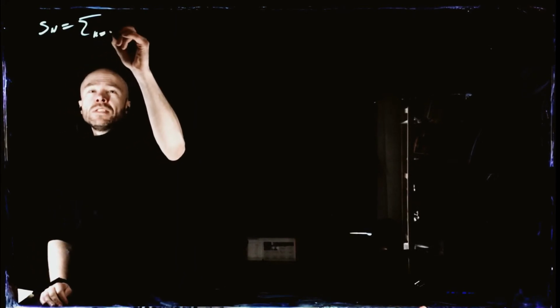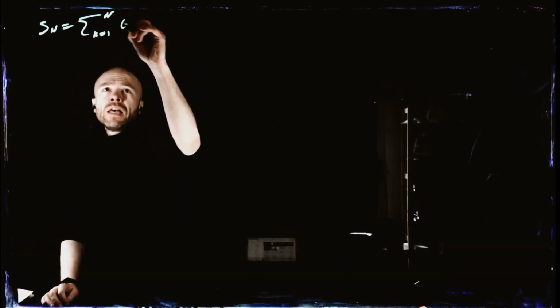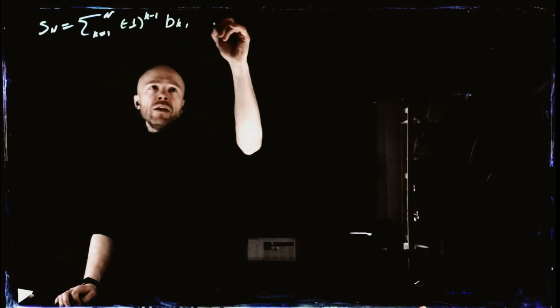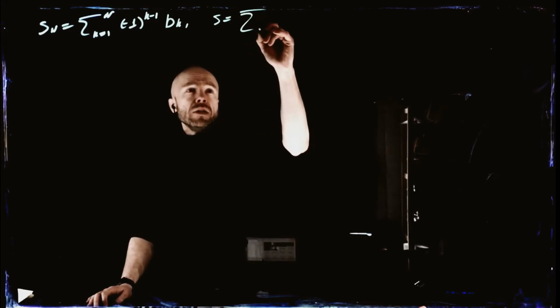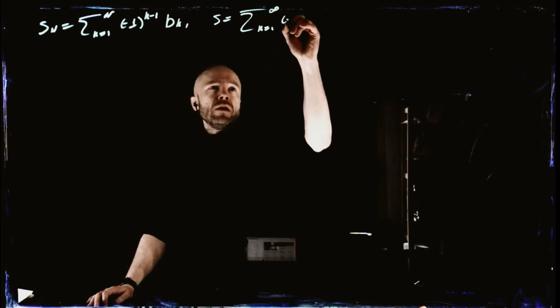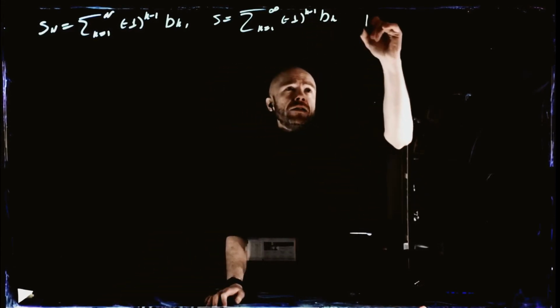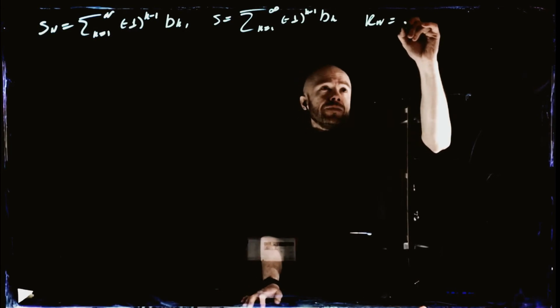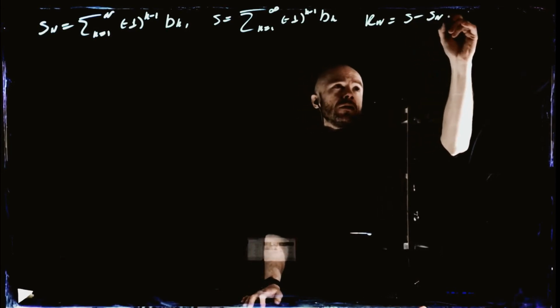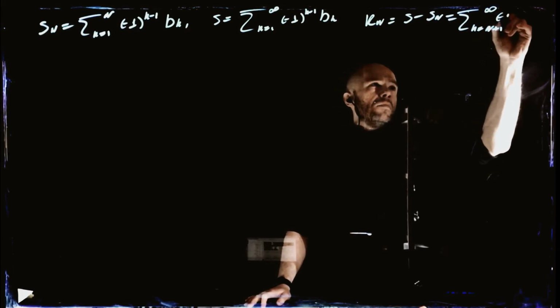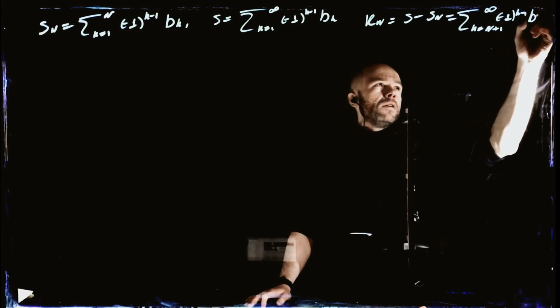This is the theorem. So we have that Sn is the nth partial sum, k equals 1 to capital N, minus 1 to the k minus 1, bk. S is the actual entire sum, k equals 1 to infinity, minus 1 to the k minus 1, bk, and Rn is the difference between the two, which is the sum from k equals capital N plus 1 to infinity, minus 1 to the k minus 1, bk.